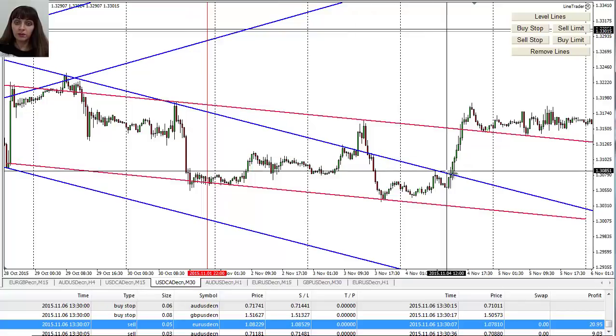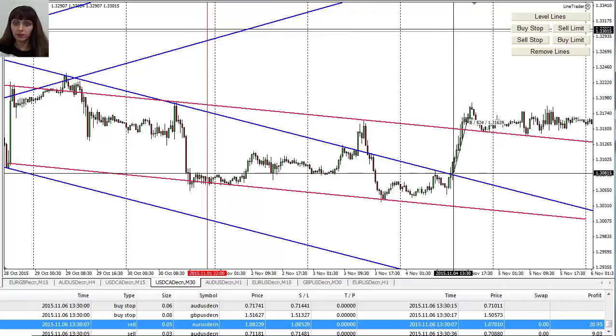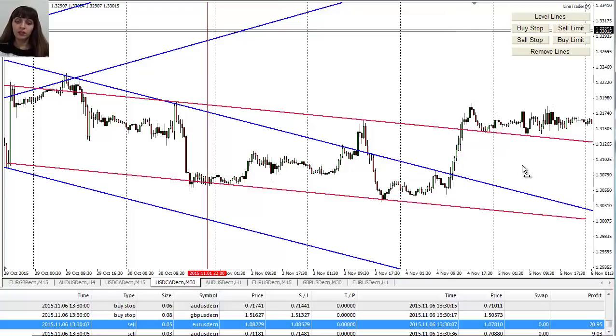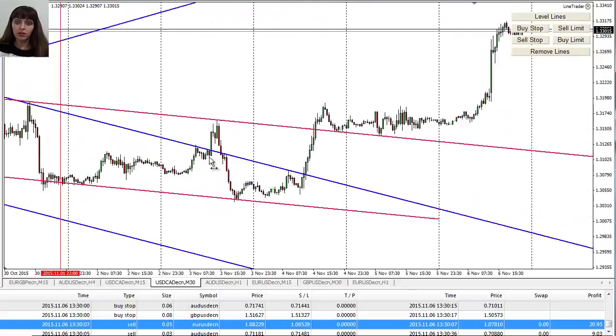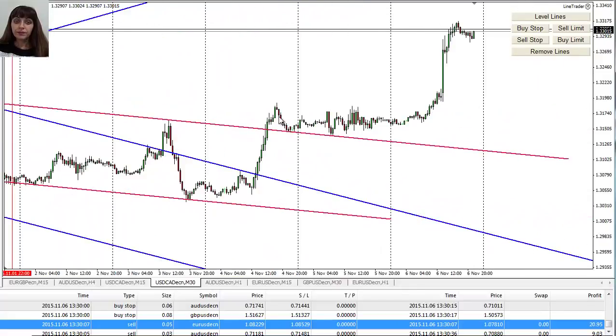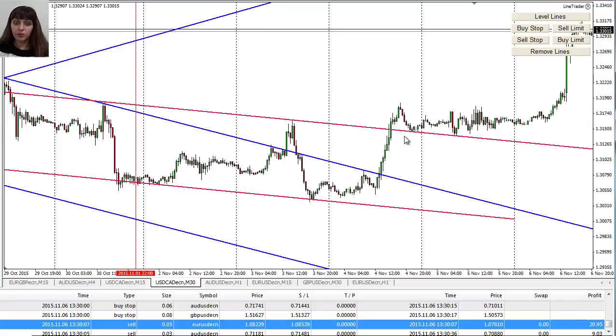Here another 10 pips easily you could have made, even more than that, but let's say in a safe mode, as I like to say, you could make easily 10 pips on this area. And of course, as you can see, there is nothing around here I would like to do, except it broke this area.